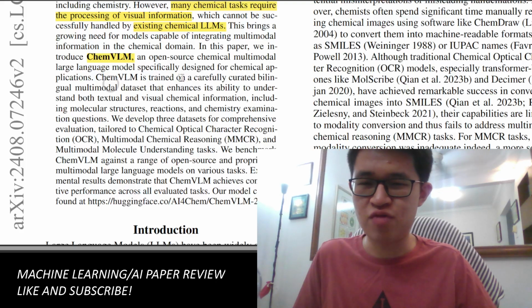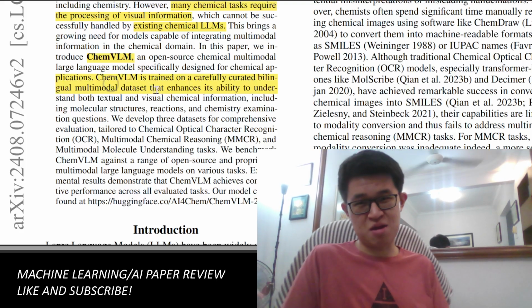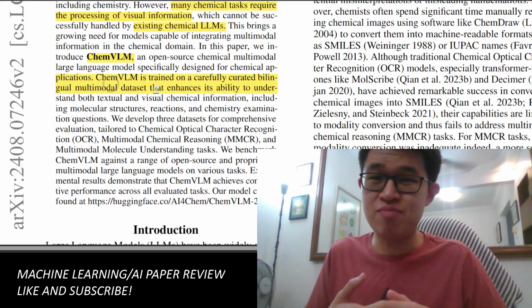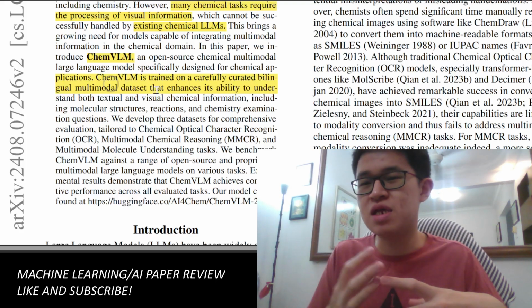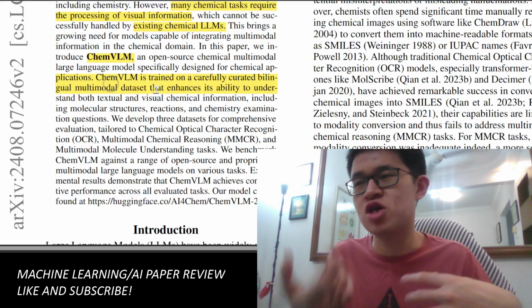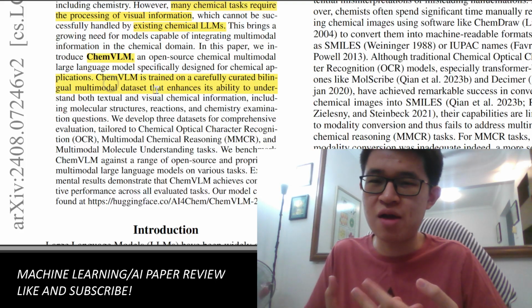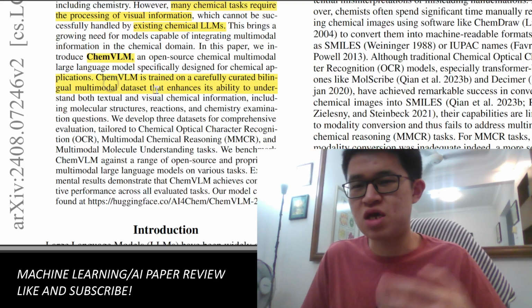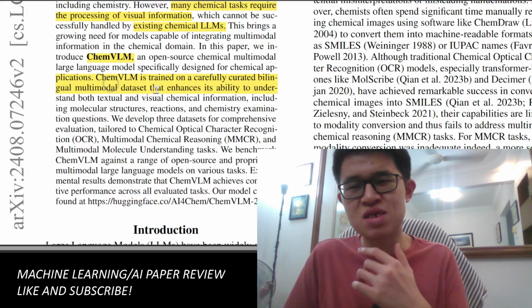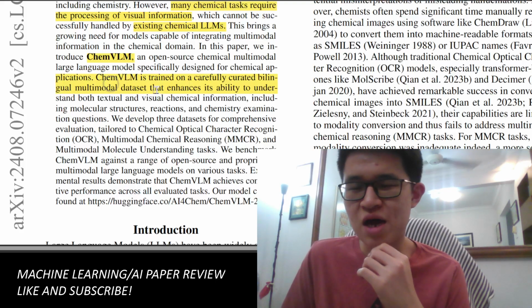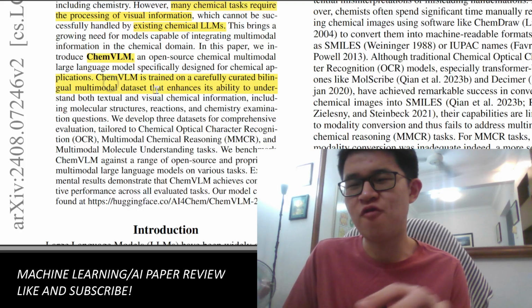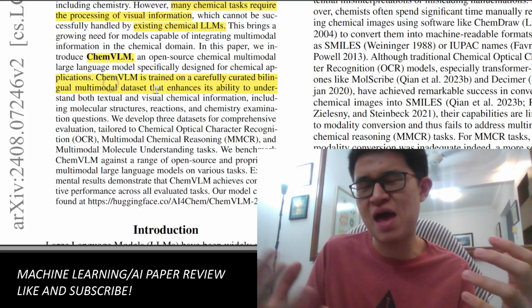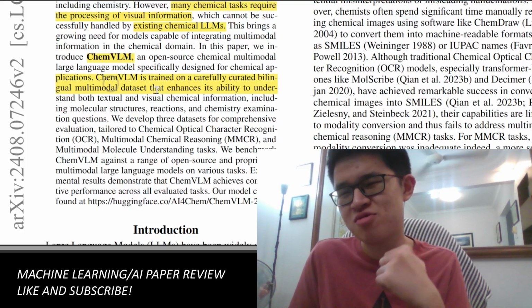So this ChemVLM is trained on a curated bilingual multimodal dataset. And what they meant by bilingual in this case, I would assume, is that it is able to converse in Chinese and English at the same time while dealing with chemistry tasks. And I think this is quite an interesting combination because I've rarely seen a multimodal paper focusing on chemistry, but now it's adding this bilingual nature to it.